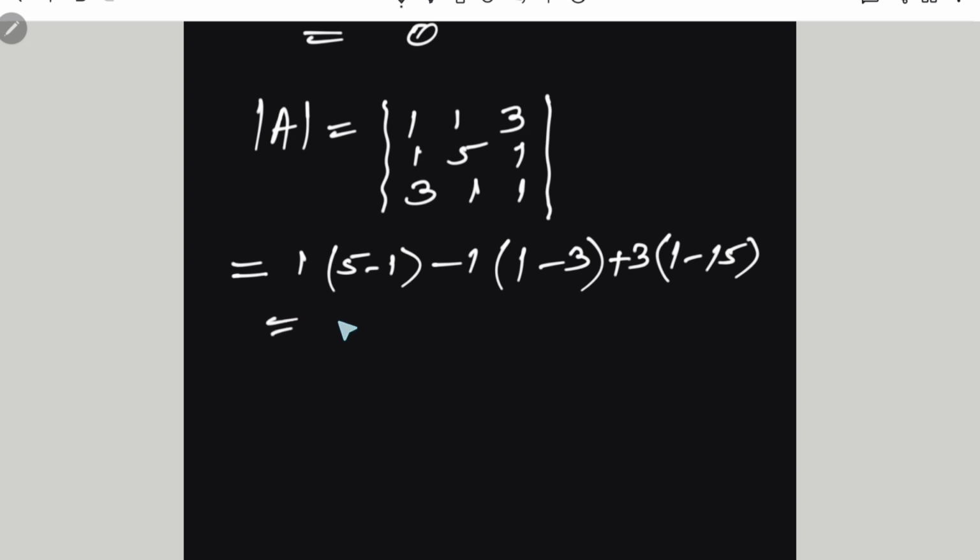And therefore 1 into 4 we get 4, minus 1 into minus 2 we get plus 2, and minus 14 into 3 is minus 42. And therefore the sum of 4 plus 2 minus 42 is minus 36.